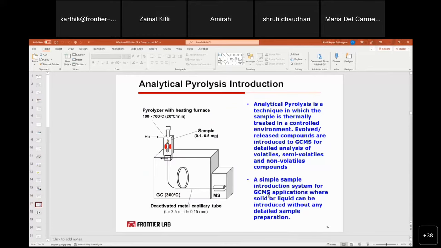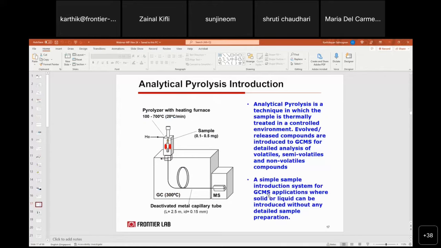For the benefit of some of the audience who may be getting to know pyrolysis GCMS for the first time, I just want to briefly introduce this technique. Pyrolysis GCMS is a hyphenated technique where the pyrolyzer is attached to the injection port of a GCMS, and you are able to introduce a solid sample directly.